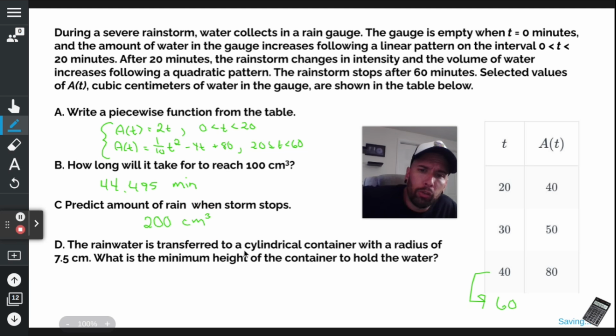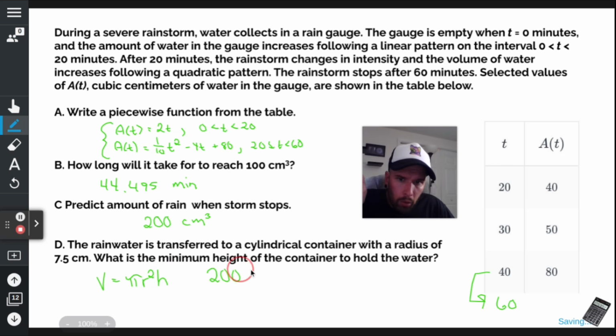The rainwater, so 200 cubic centimeters, is transferred to a cylindrical container with a radius of 7.5 centimeters. Cylinder. So the volume of a cylinder is pi r squared h. What do I know? I know the radius is 7.5, and I know the volume is already 200.